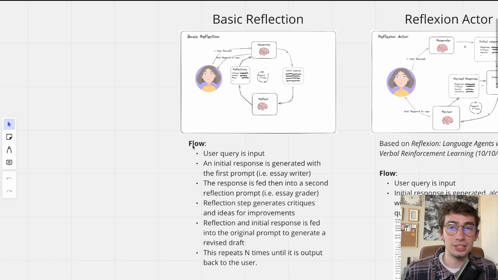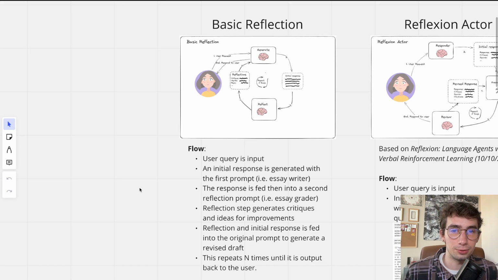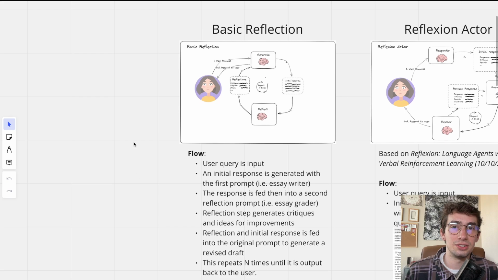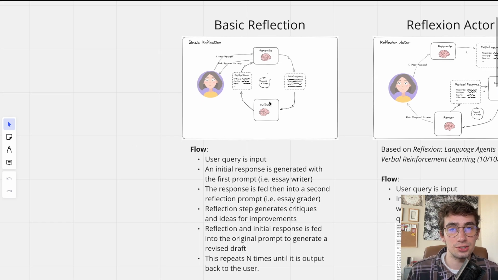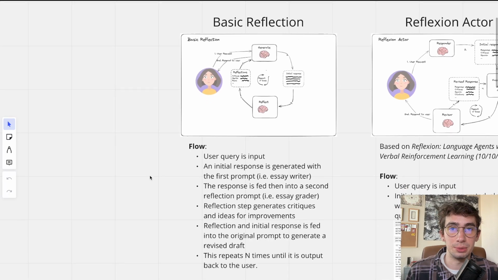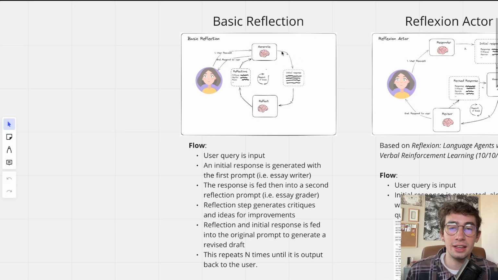The critiques are recommendations for improvements and different reflections and thoughts on the initially generated response. This is then fed back into a generation stage, where that stage will hopefully take those critiques and different improvements that could be made, and then remake a second response.